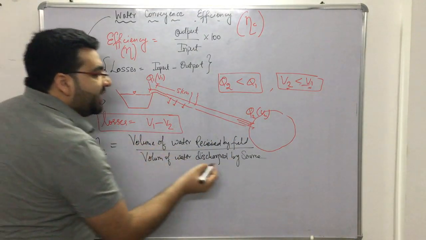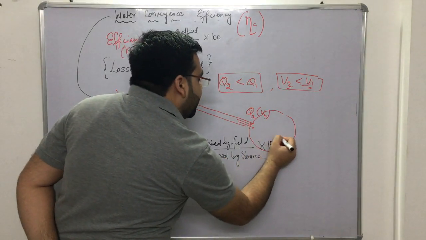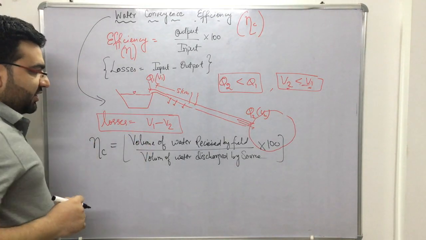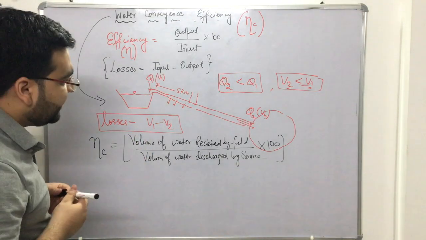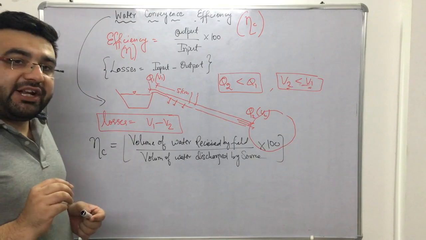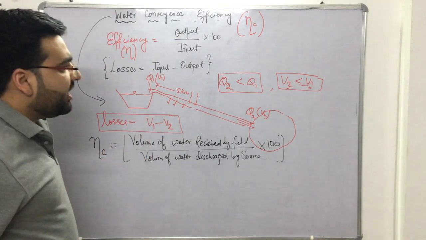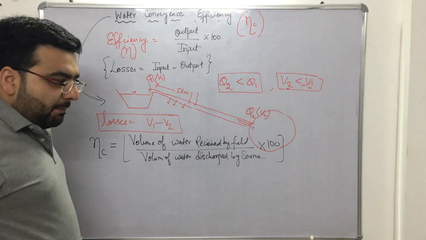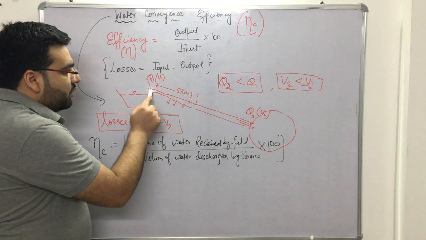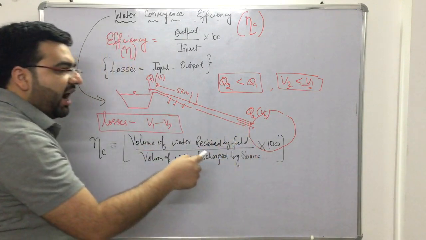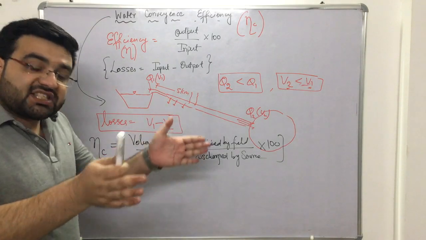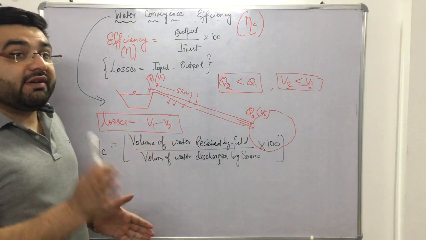If you want to calculate it in percentage, then you have to multiply by 100 percent also. Clear? Sometimes in the GATE examination I have seen that in numericals the water conveyance efficiency is not mentioned, but the percentage losses in carrying water from a particular canal to a particular field are given, let us say 15% or 20%. Then you are given a numerical in which the use of water conveyance efficiency is there.